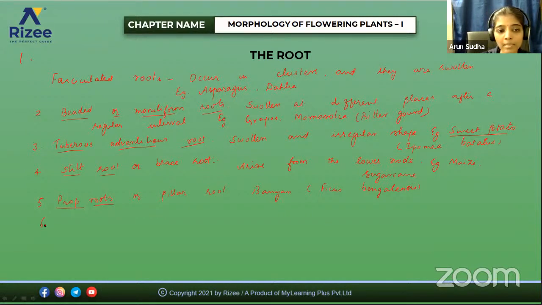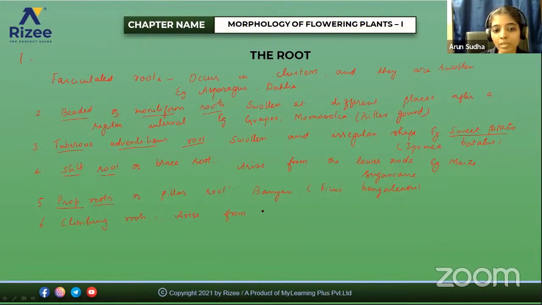And then the sixth type is climbing roots. Here they arise from nodes. If you see all these types of roots, the main difference is the point from where they originate. Like in the taproot system, they originate only from the radicle. In the banyan tree, the roots originate from the branch of the tree.